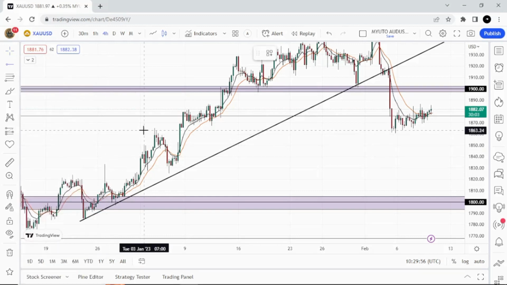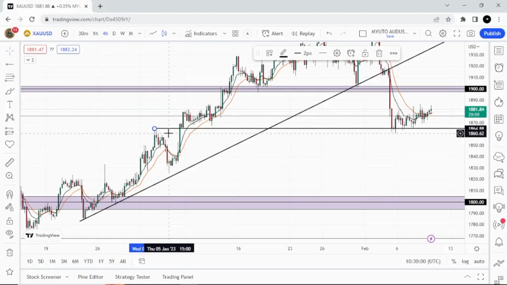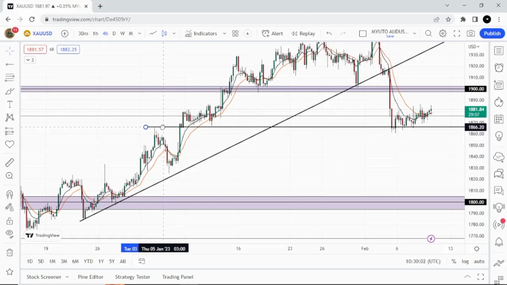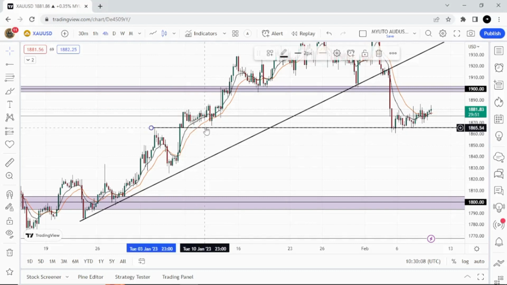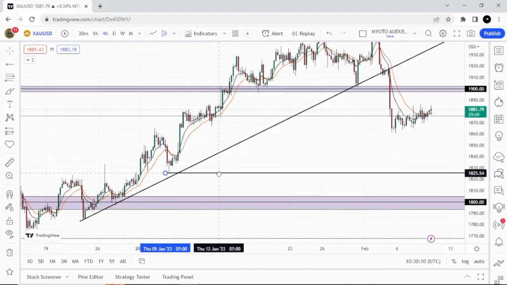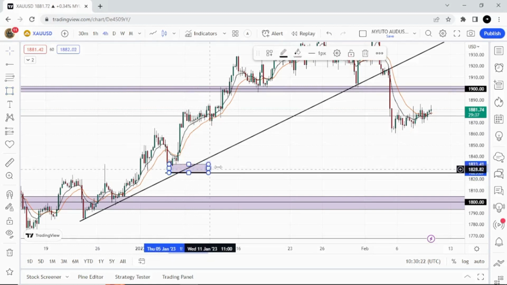This is how I mark my minor key levels, and put my ray at the top of the wick here. If it was a wick below here, I would put it below here and bring out my rectangle, mark the whole wick here, and mark the whole wick.